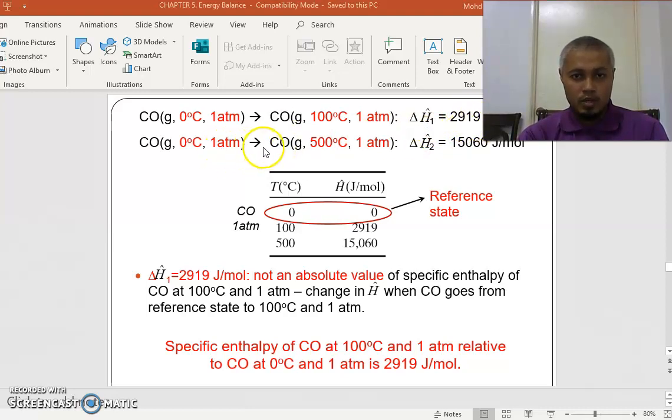After we change to 500 degrees C at the same pressure condition, the value will be 15,060 joule per mole. How do we get this value?